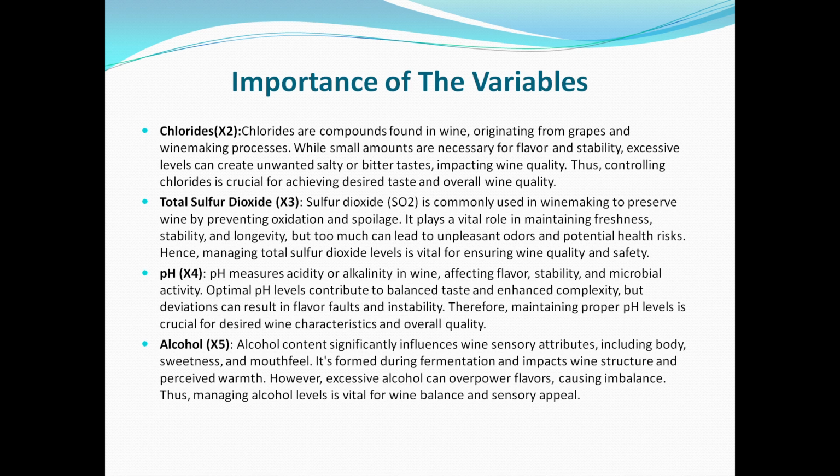Therefore, maintaining proper pH level is crucial for desired wine characteristics and overall quality. Coming to the alcohol, alcohol content significantly influences wine sensory attributes. However, excessive alcohol can overpower flavors, causing imbalance.